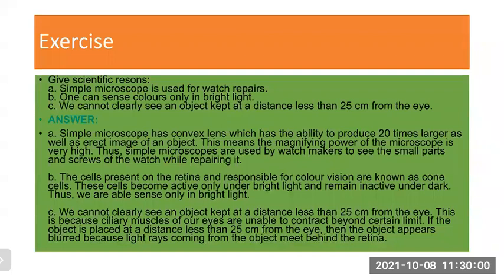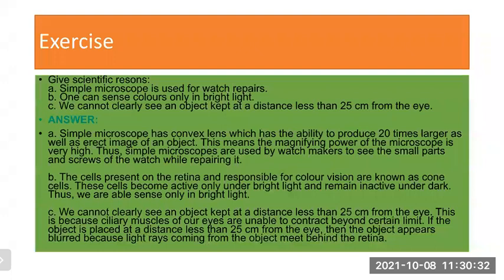Now, second reason: one can sense colors only in bright light. This also we have seen. The cells present on the retina responsible for color vision are known as cone cells. These cells become active only under bright light and remain inactive in the dark. Thus we are able to sense color only in bright light.